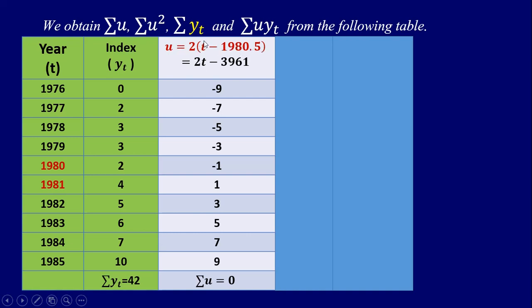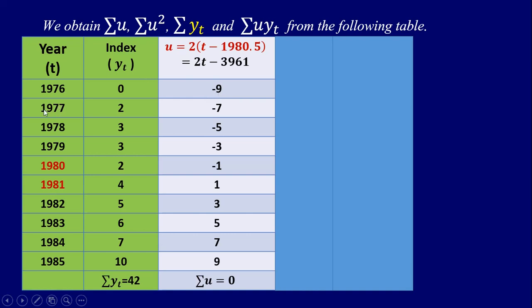Now for the values of t, here t is 1976, we substitute 1976 here. So 1976 minus 1980.5, we get minus 4.5. Now minus 4.5 into 2, we get minus 9. So we get here u equal to minus 9.